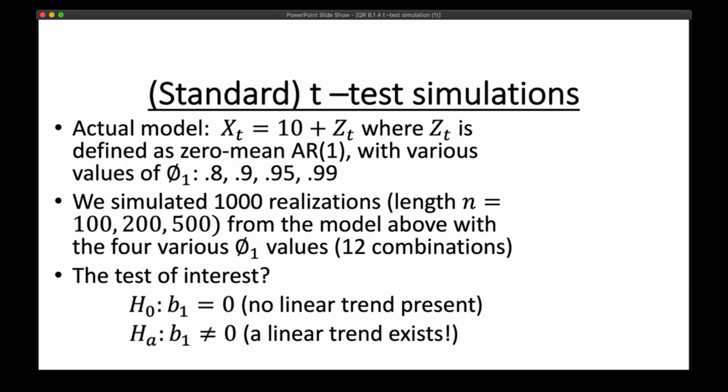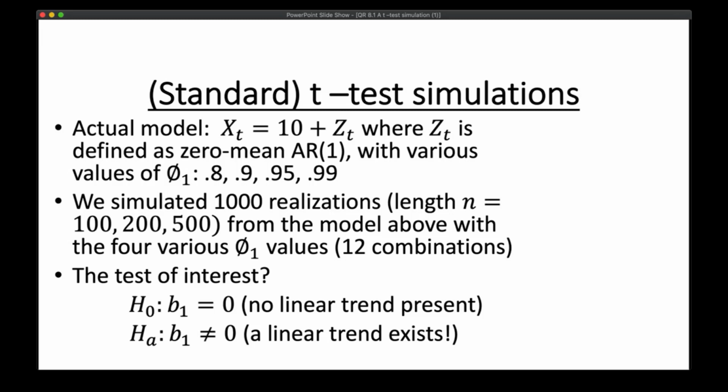With phi1 values of 0.8, 0.9, 0.95, and 0.99. Notice that all of those are less than 1 in absolute value. That means that it's a stationary model, and if it's a stationary model, that implies that the mean is constant. That means that there is no trend here. And as we said earlier, we're going to see how many times the standard t-test accidentally and incorrectly says that there is a trend.